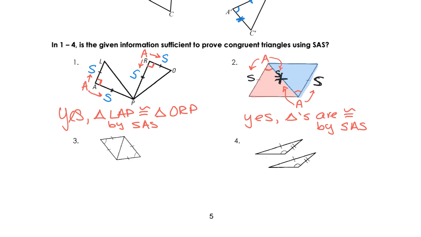Okay. Let's take a look at number 3. Again, guys, these triangles are kind of stuck to each other, so sometimes it helps to highlight them and see. But in that red triangle, you do have 2 sides marked. In the blue triangle, you do have 2 sides marked, so we'll use the sides that they have. And right here, that angle that's marked is in between your 2 sides.